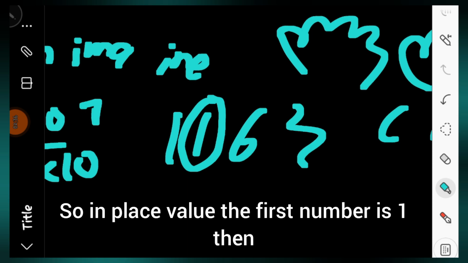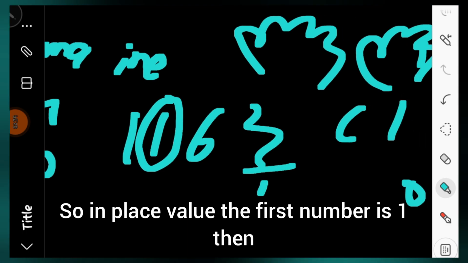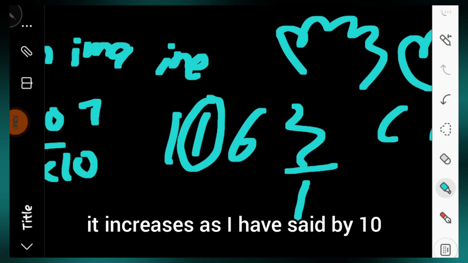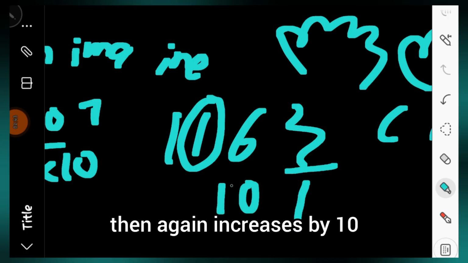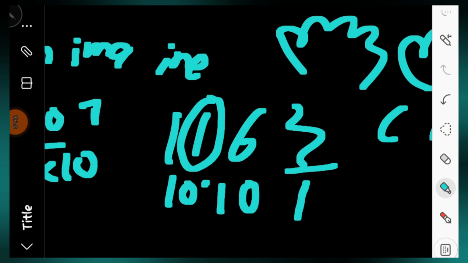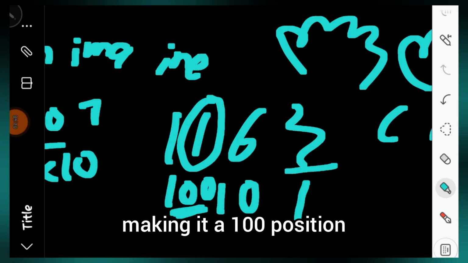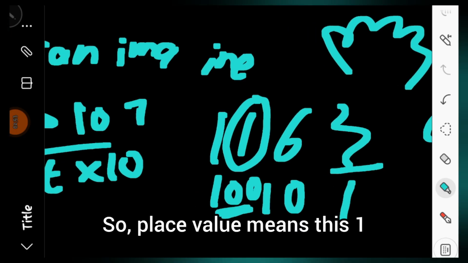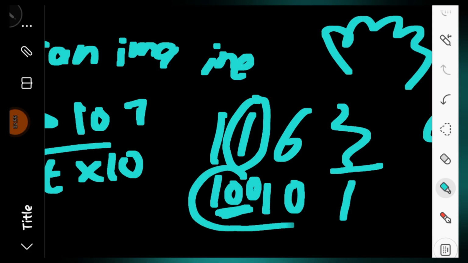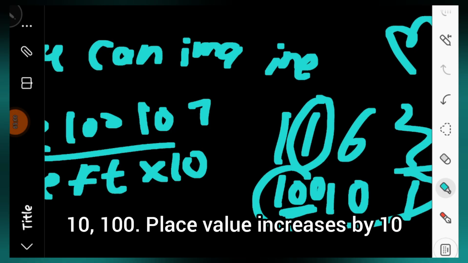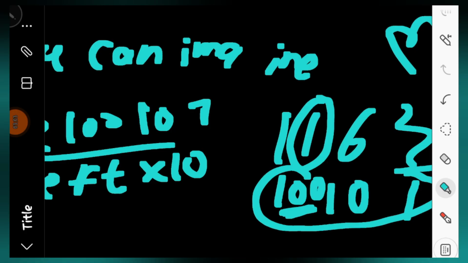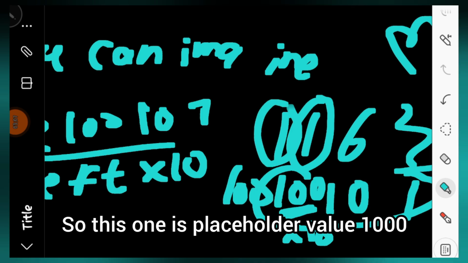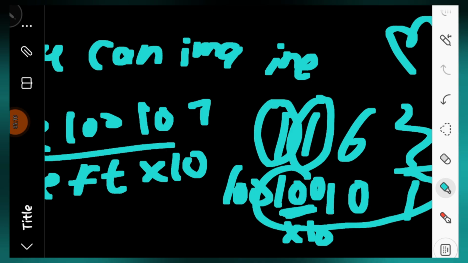So in place value, the first number is 1, then it increases, as I have said, by 10, then again increases by 10, making it 100 position. So 1 has a place value of 100. So place value means this: 1, 10, 100. Place value increases by 10 every time. So 100 multiplied by 10 is 1000. So this one has a placeholder value of 1000.